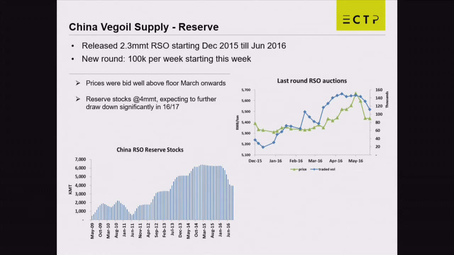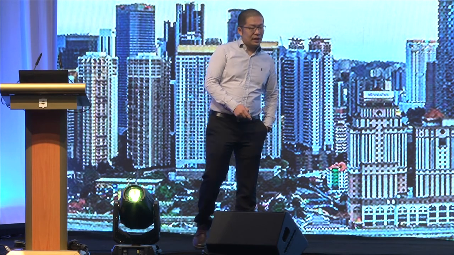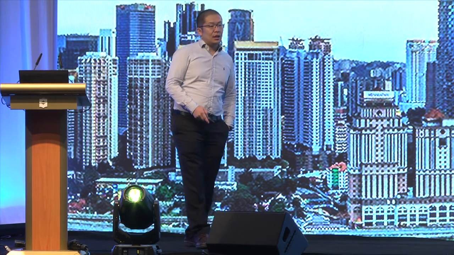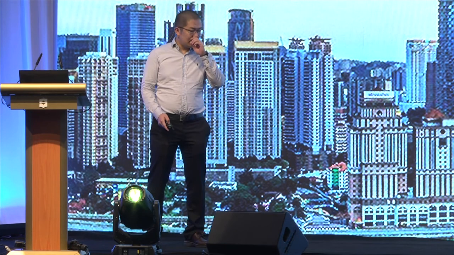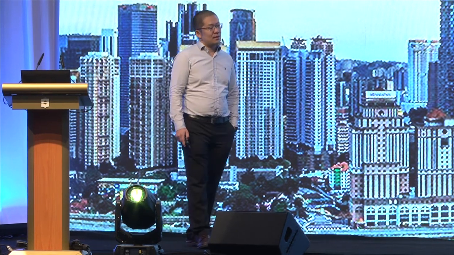And the third part of the supply is the reserve, like we mentioned. In the last round, China released 2.3 million tons of rapeseed oil, starting December 2015 until June 2016. And the new round of release actually started today. It's 100K per week. Actually, today it's 100% sold, with the bids on fire.